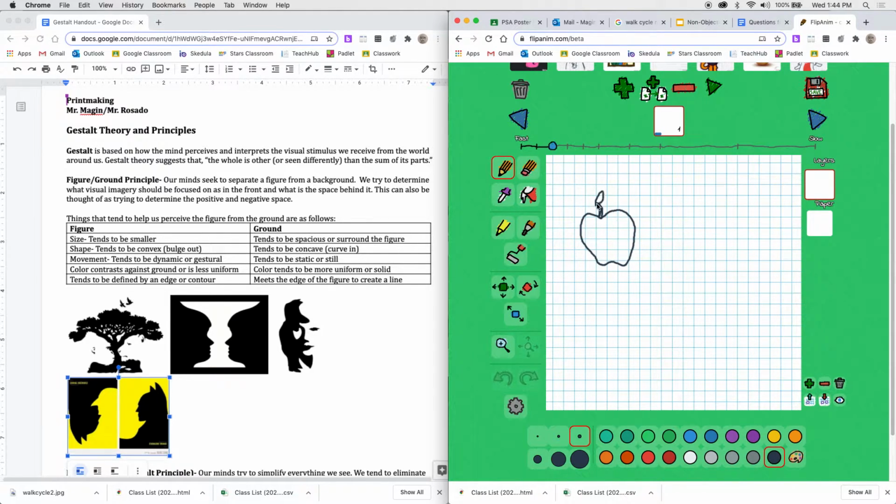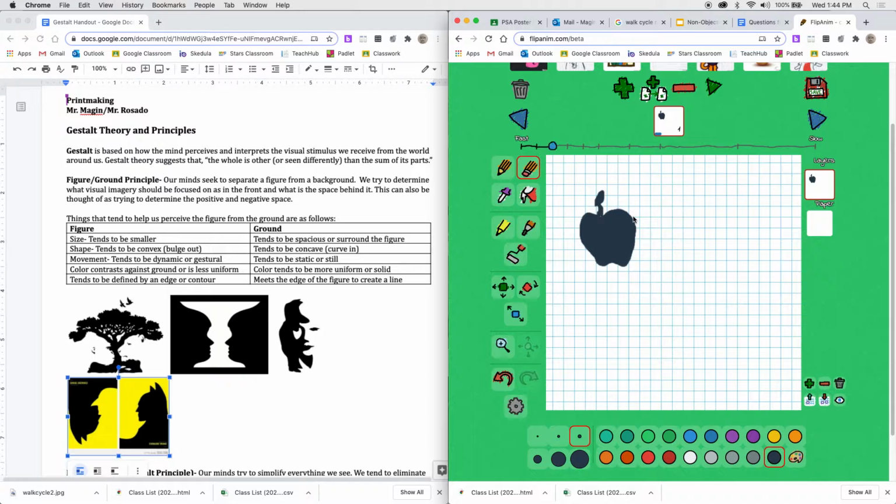and then I could fill that apple in. Okay, and now that I have just the figure, I want to work on the ground. So I'm going to use my eraser tool, and I'm just going to start erasing away a part of this apple.